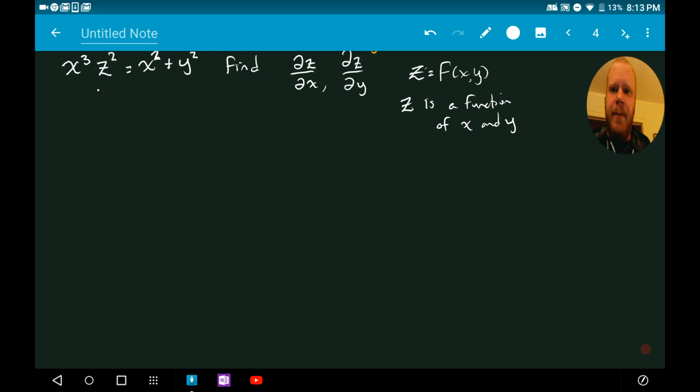So one way to do this would be to solve for z, right? But I want to try a slightly different method. If you solve for z and then take the partial with respect to x, partial with respect to y, you'll get a square root, and then you'll get this really nasty equation.